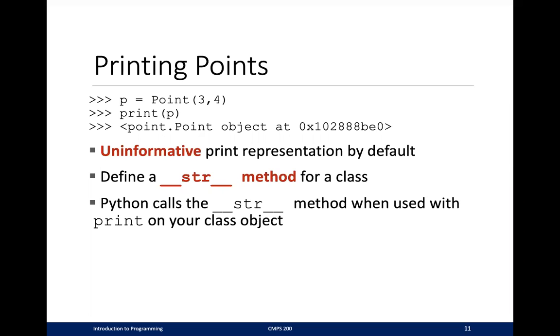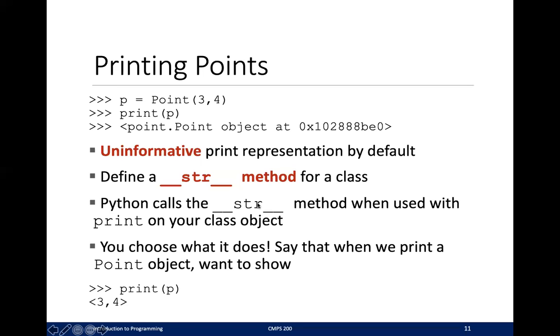So when you call print of P, instead of printing this, it's going to check whether you have this method defined in your class, and if yes, it's going to use it to print the object the way you told it to. Basically, the __str__ method must return a string that can be used to print the object.